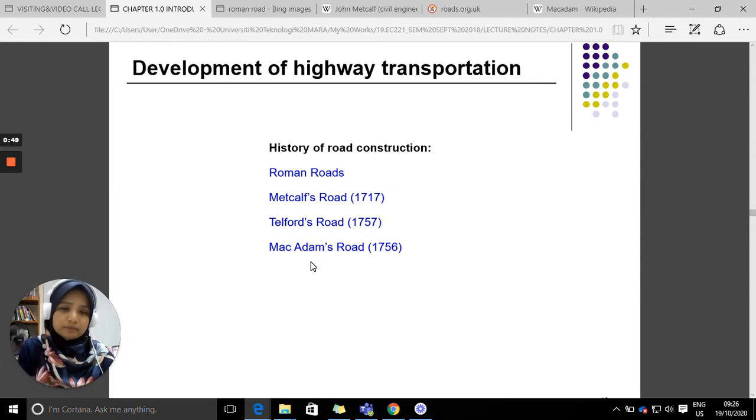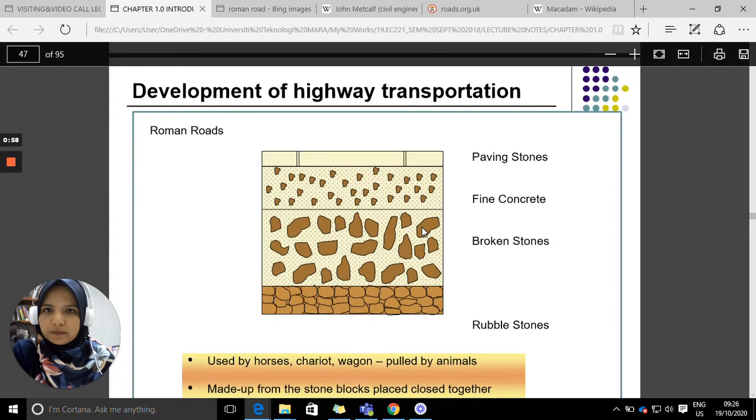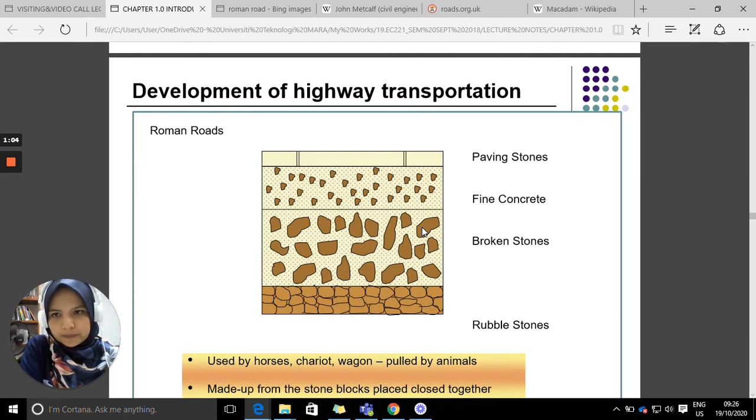This McAdam's road theory, we have been using until now, right? We are looking at the structural layer of each of the road developments.